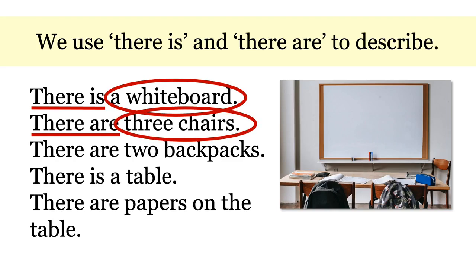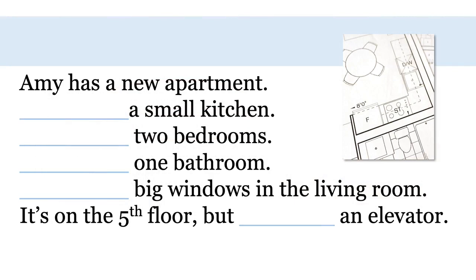Let's practice. You try. Look at the sentences. They describe Amy's new apartment. Fill in the blanks with there is or there are. Look at the nouns to decide singular or plural. Ready? Okay, let's look at the answers.